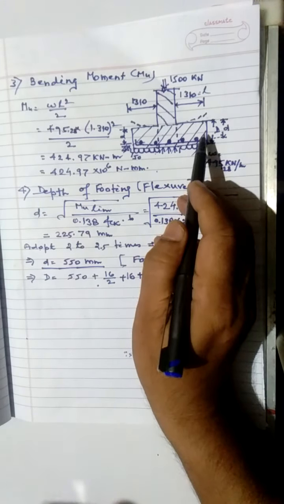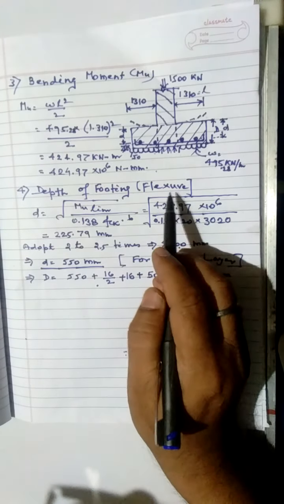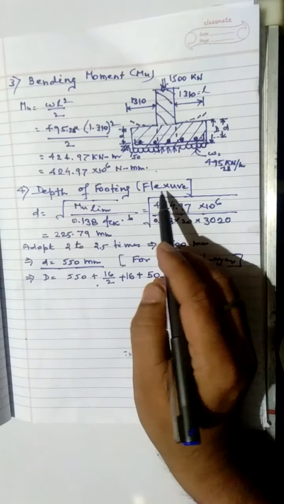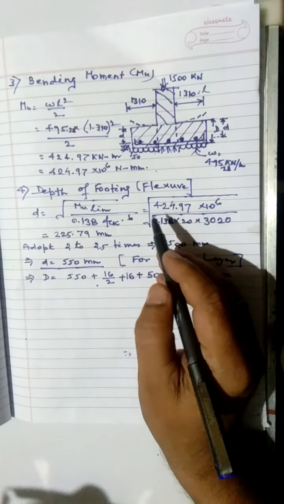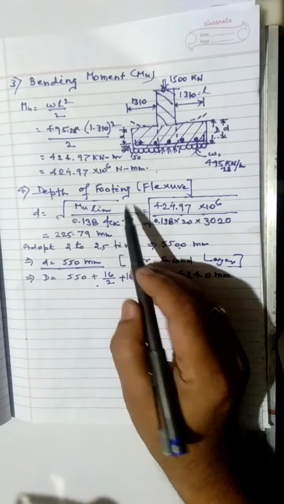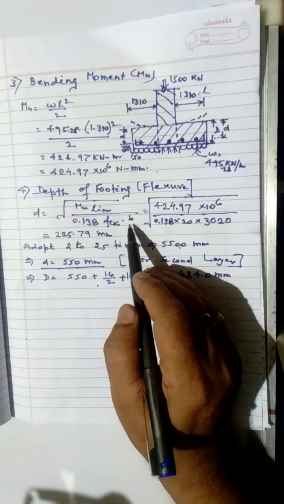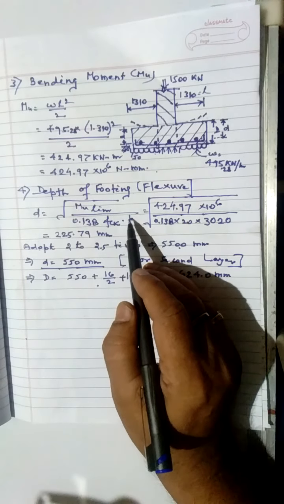Now the next step is to calculate the depth of footing in flexure. As per SP16 page number 10 table C, we have a formula for Mu lim, that is the maximum bending moment, divided by 0.138 fck into B, that is for Fy 415 steel grade.